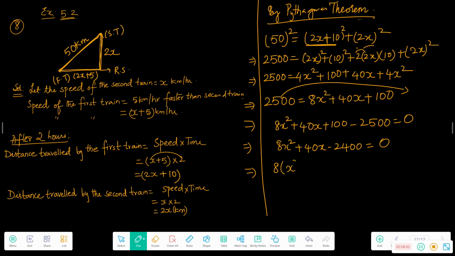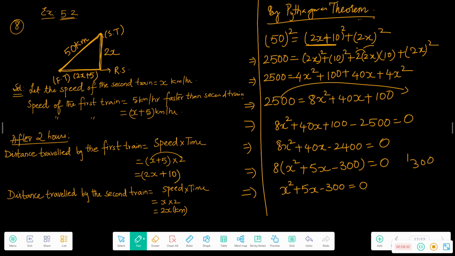So I can take 8 common: x square plus 5x minus 300 is equal to 0. Here we need to find the factors of 300 such that when we add or subtract, we get the middle term.